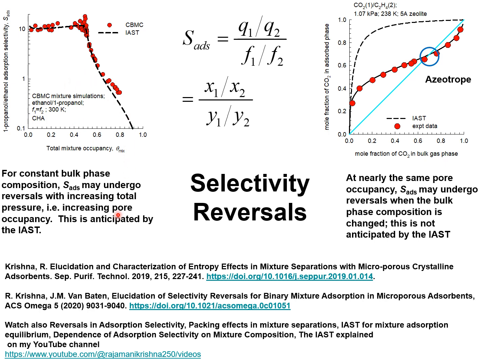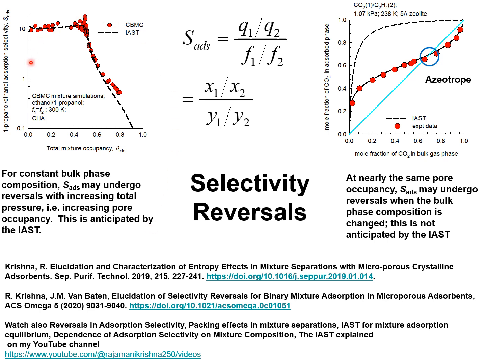This selectivity decrease with increasing pore occupancy is due to entropic effects that favor the smaller molecule. Such selectivity reversals are anticipated by the ideal adsorbed solution theory. Indeed, the predictions of the ideal adsorbed solution theory based on the data on the unary isotherm is shown by the dashed lines.